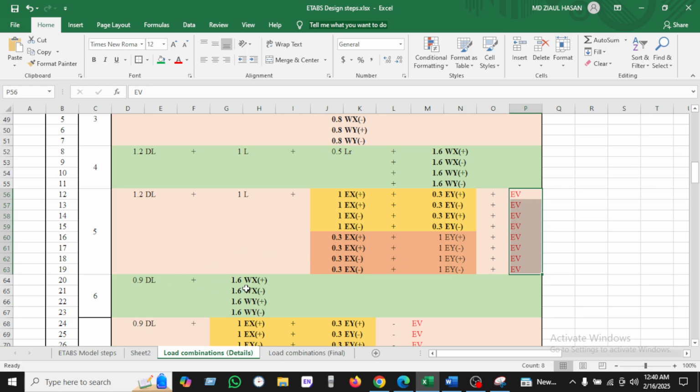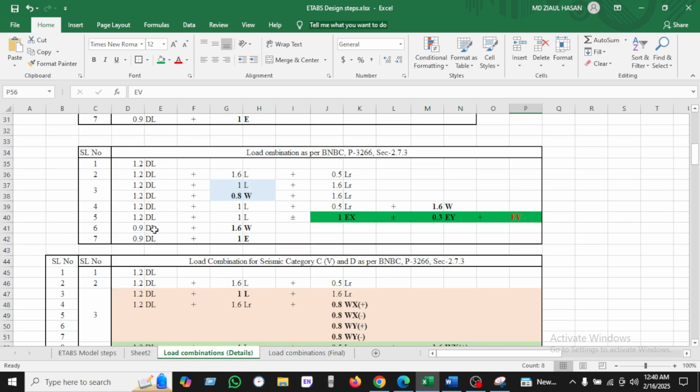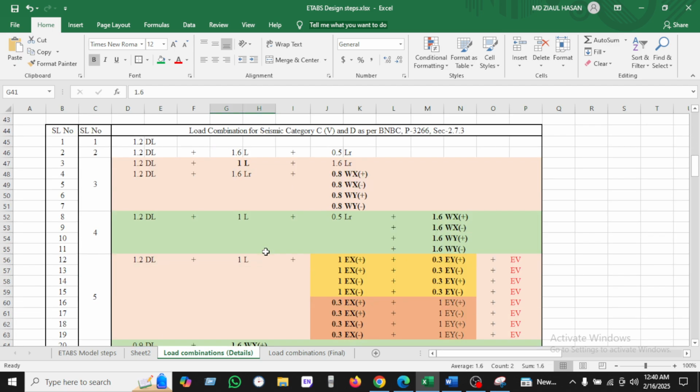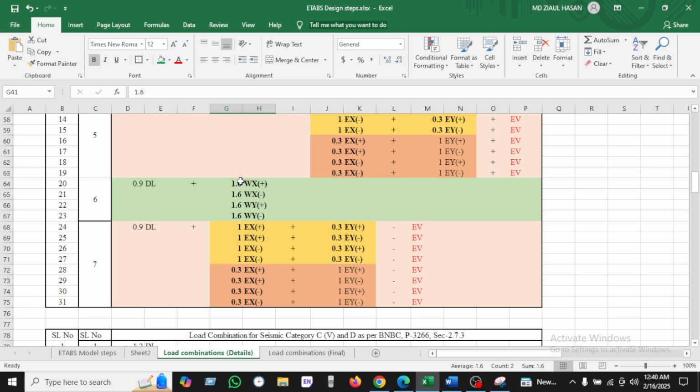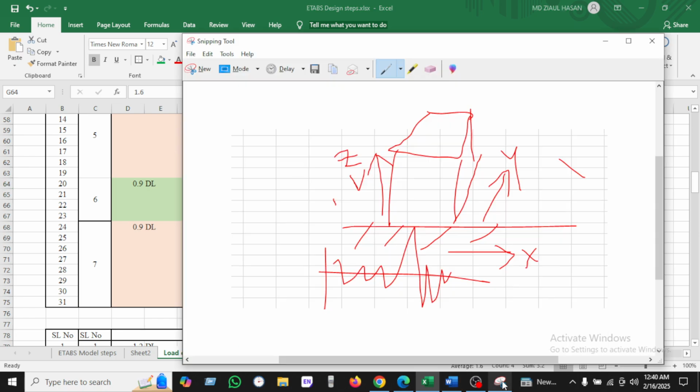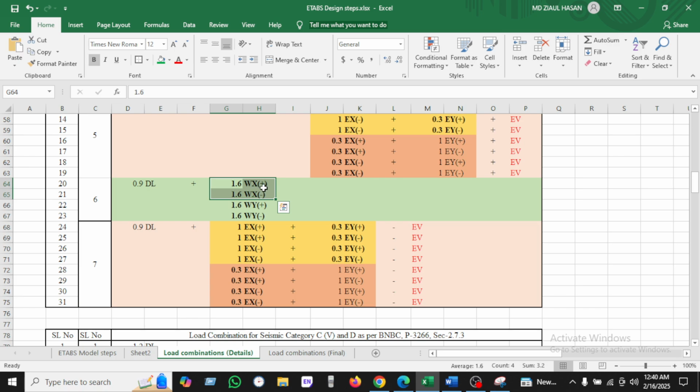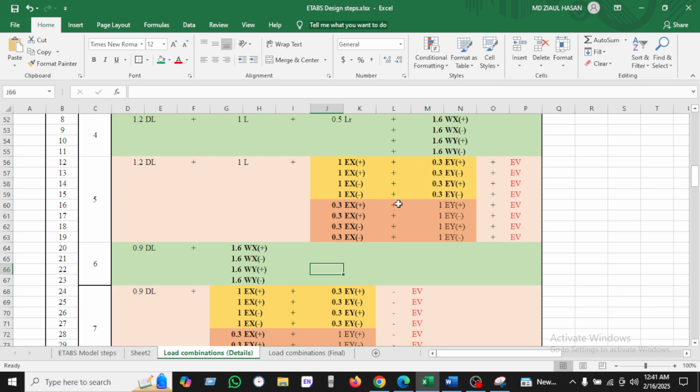And as it is, we have been seeing number 6, which is wind. We have already seen that wind is working, and previously I showed x direction plus and minus and y direction plus and minus. That's why I'm not drawing it again, rather than focusing on the earthquake.